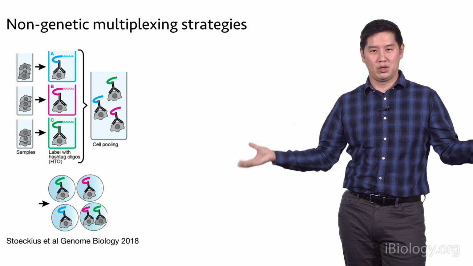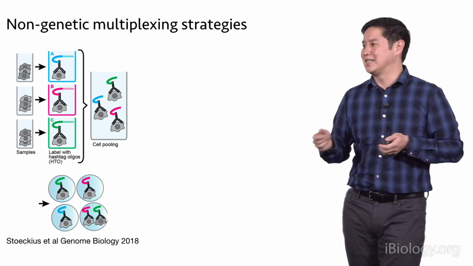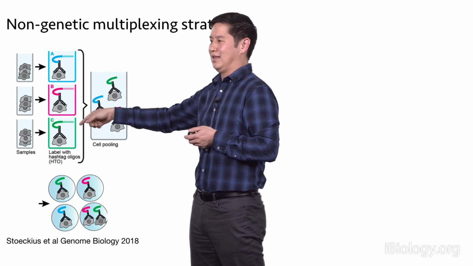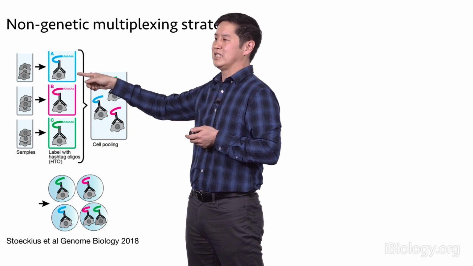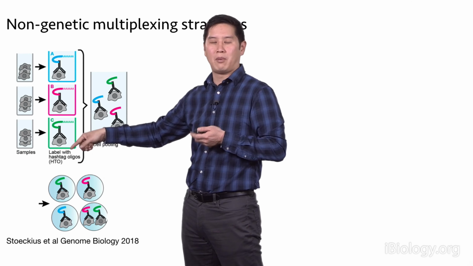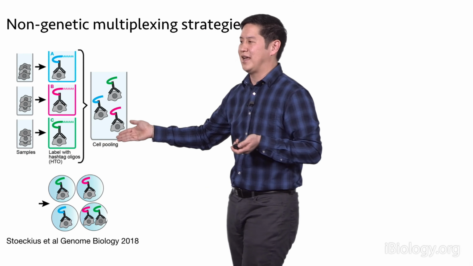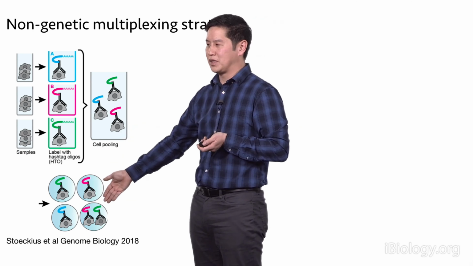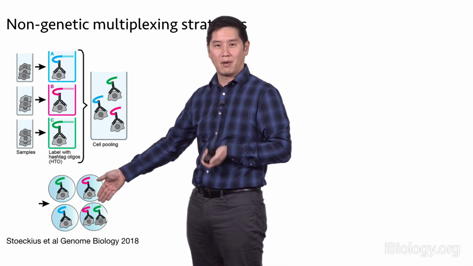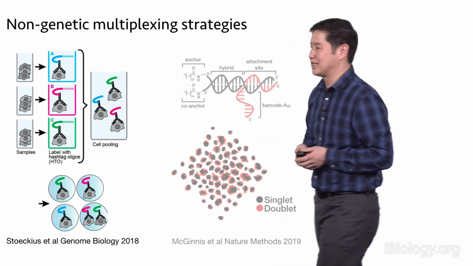At that point, you can pool them all together, run them in the single-cell sequencing platform, and look for which barcoded antibody showed up. This will allow you to assign each of these individual cells to a particular starting sample because you knew which barcoded antibody was used for each sample. And again, this also has the advantage that if you have 2 or more cells in a droplet, you can detect those because you'll see 2 different barcode sequences assigned to a single droplet. And you can exclude that from analysis.